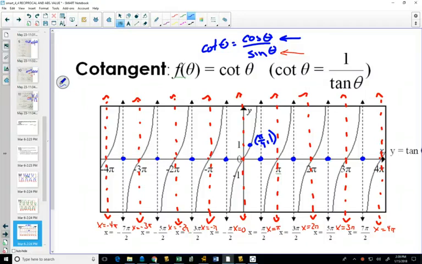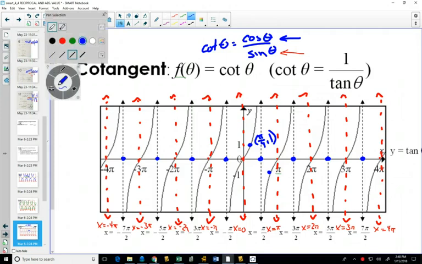And if you did the reciprocal of that, it would stay the same. Similarly, we have the point (3 pi over 4 comma negative 1).